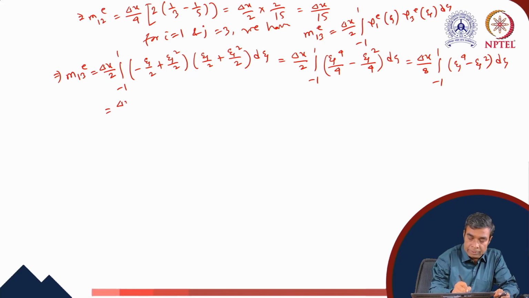This is delta x by 8 into xi to the power 5 by 5 minus xi cube by 3.